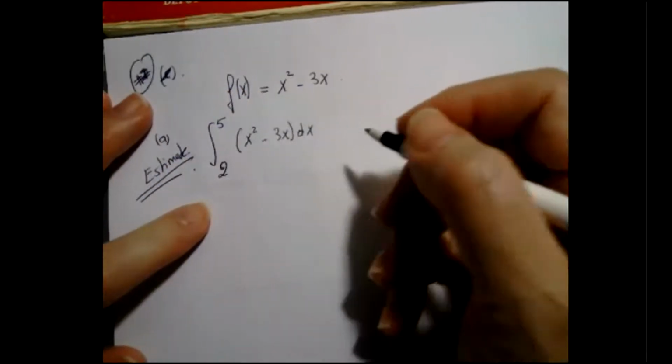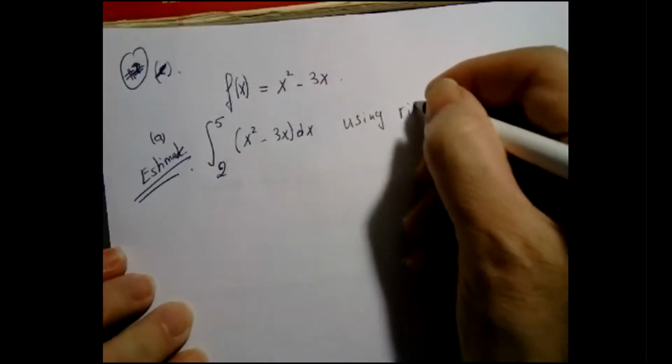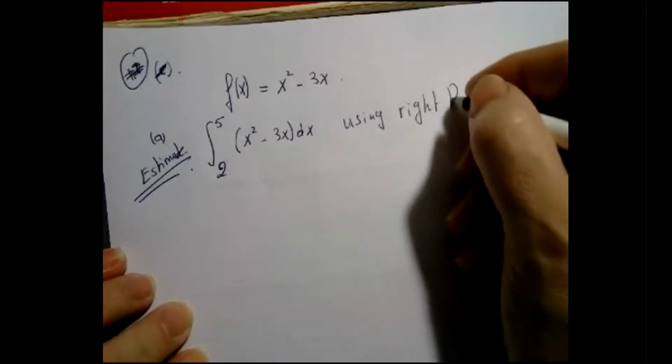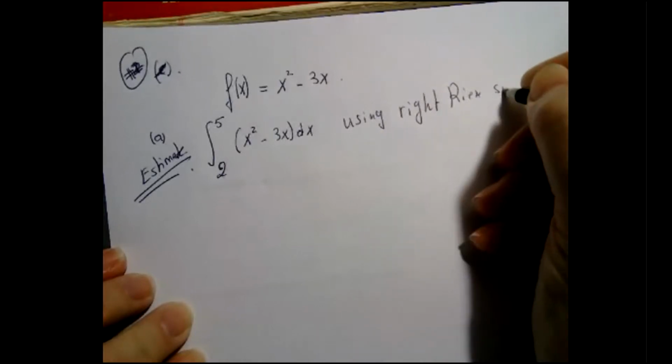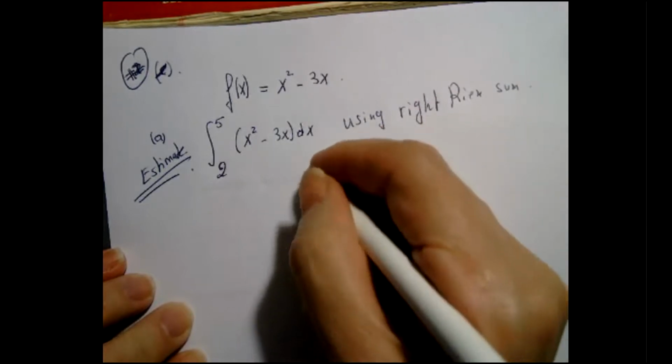We have to estimate using Riemann sum. Now, I was not really precise about which one, which is my mistake. So you're going to use the right sum Riemann sum. And I want you to do it with six subdivisions.